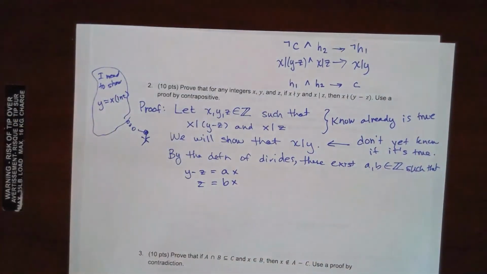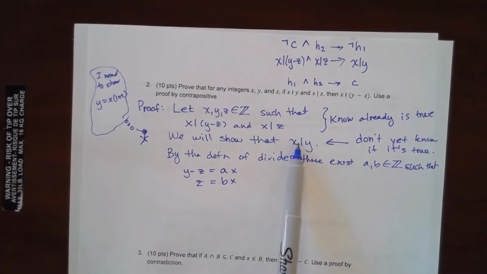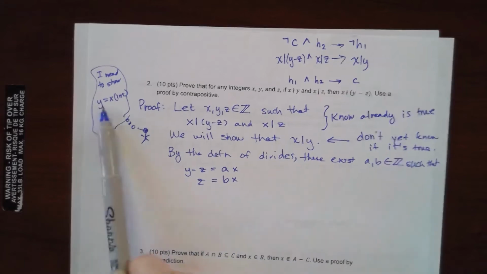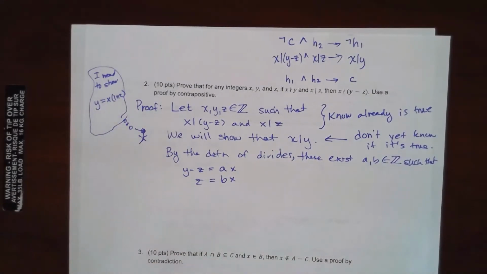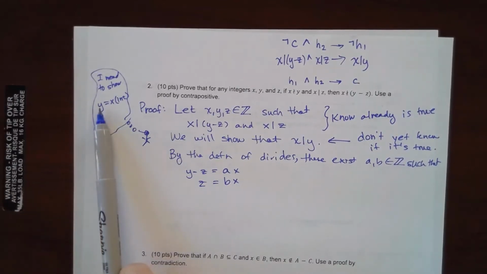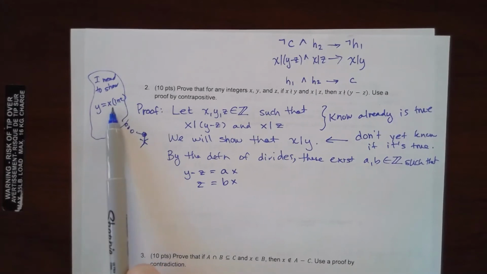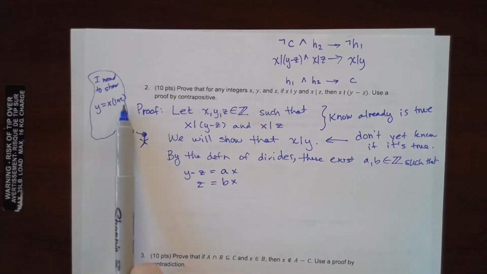If I could just get to the point where I have y equals x times some integer, then I know that the definition works for this one too. Now, I can't assume that it does off the bat, but the way that I'm going to show that x divides y is to show that I can write it that way. So if that's my goal, I'm going to need to get y all by itself, isolated, and have some expression that it's equal to, and see if I can convince myself that it's x times some integer.